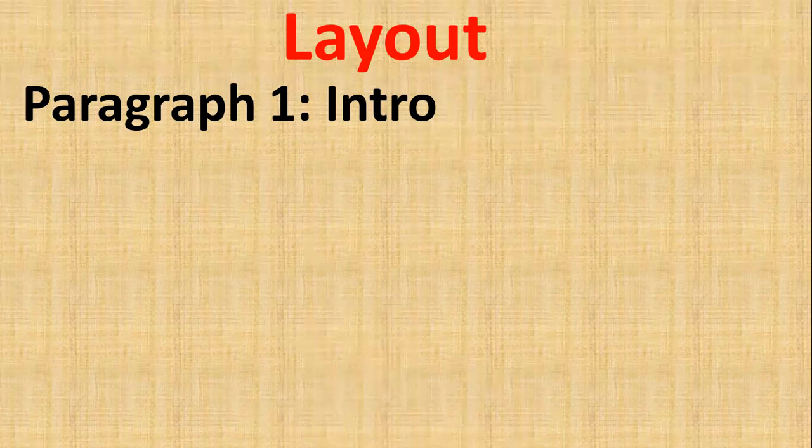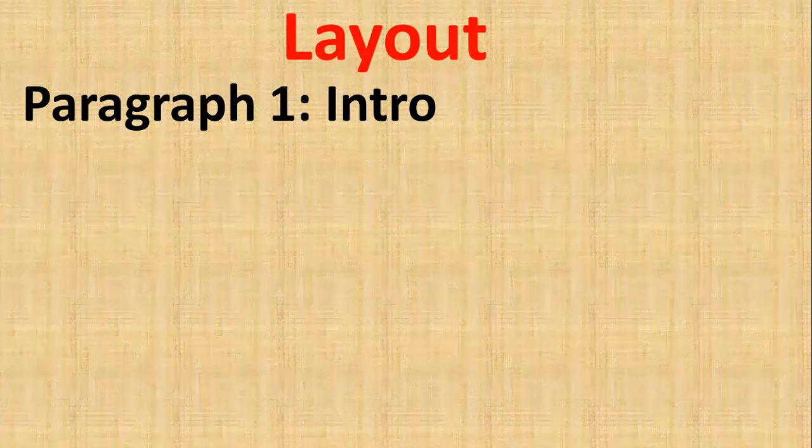So paragraph number 1 is called the intro. Whatever comes at the beginning is called the intro. Later, I'm going to give you some ideas about what you should write in the intro. But now, put it in your mind as paragraph number 1, intro.